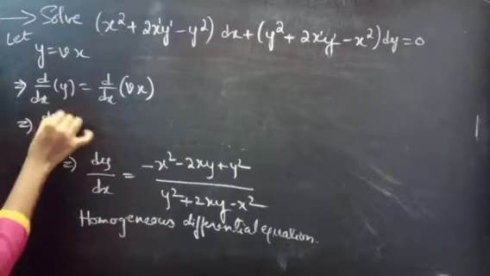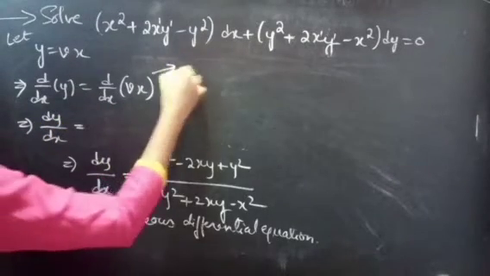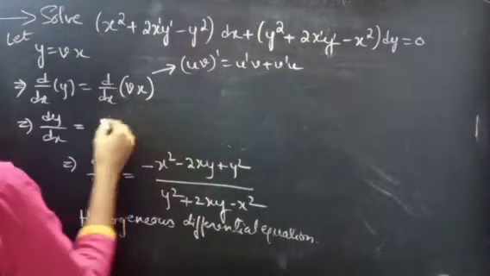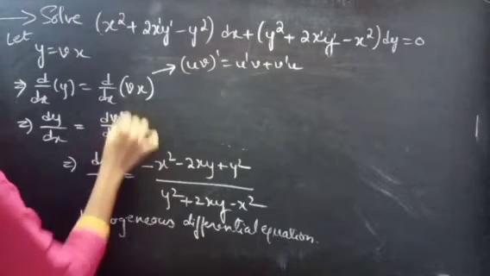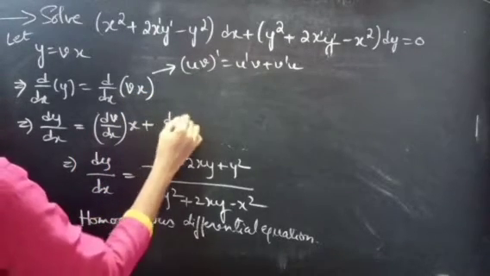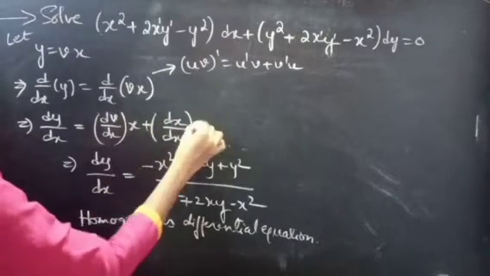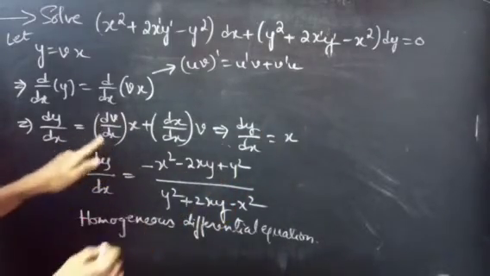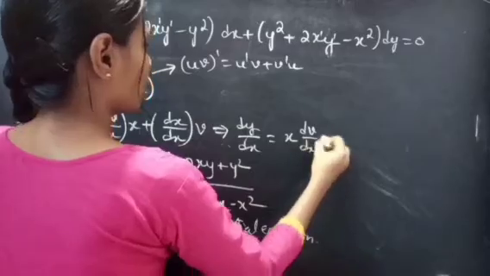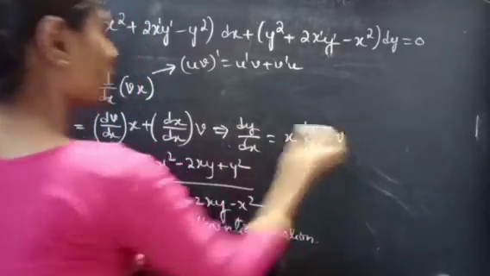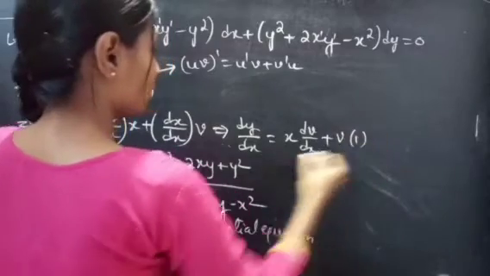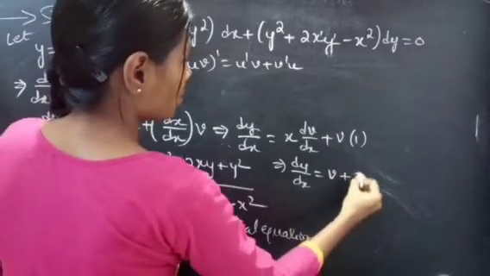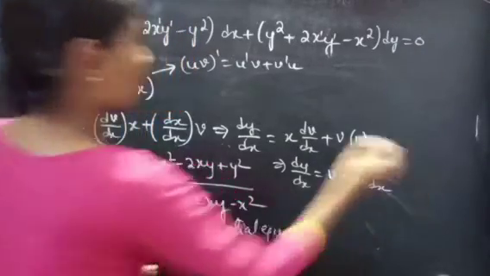Then dy/dx equals, using the product rule (uv)' = u'v + v'u, (dv/dx)·x + (dx/dx)·v. Then dy/dx = x·dv/dx + v·1, since the derivative of x with respect to x is 1. So dy/dx = v + x·dv/dx.